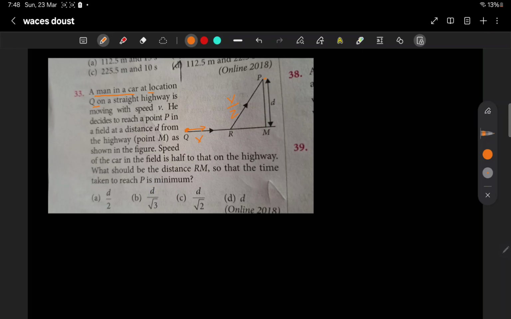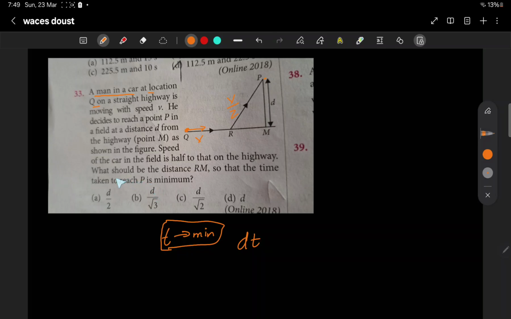So where I stopped, what should be the minimum distance so that the time taken to reach P is minimum? They are asking what should be the distance so that your t should be minimum. I have told in class what to do when this kind of question comes. You have to form an equation for that t. If t should be minimum, you have to form an equation for t and then differentiate that t with respect to what is given.